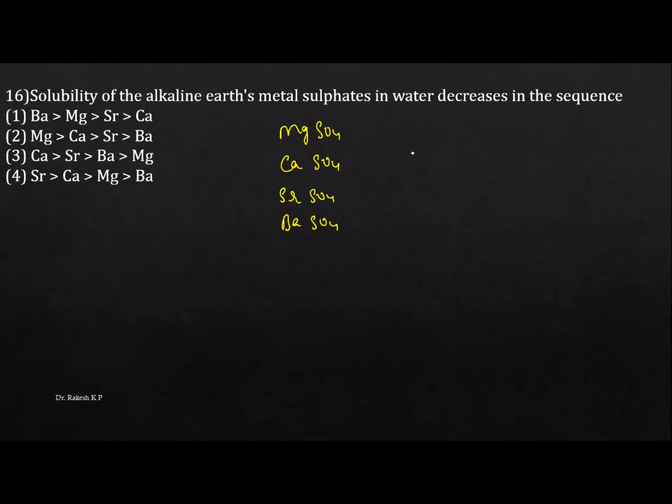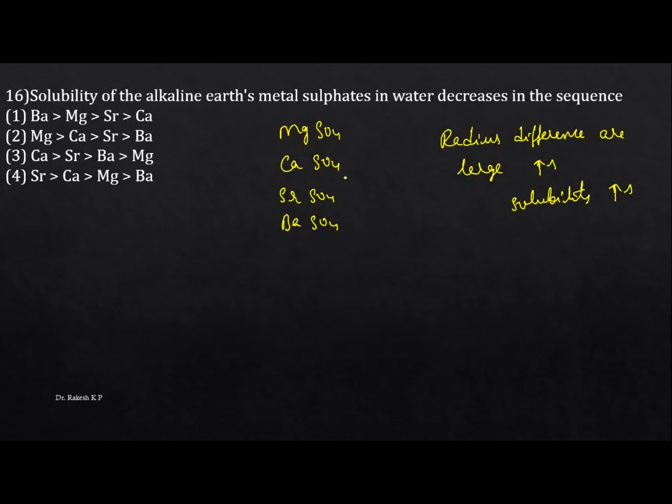Remember, for the solubility of a metal sulfate you have to identify the difference in radius. If the radius difference between the cation and the anion is large, solubility increases.